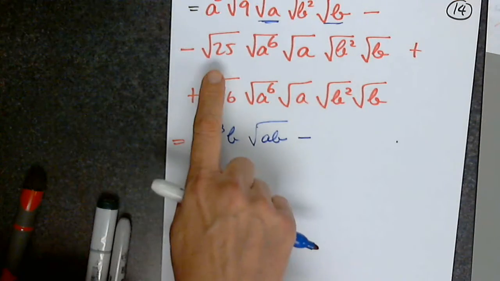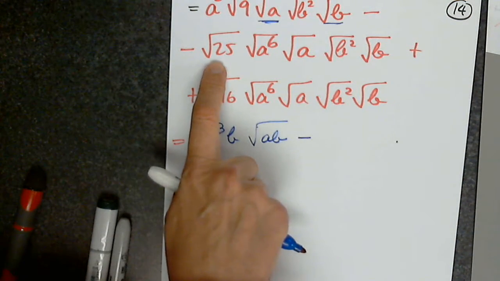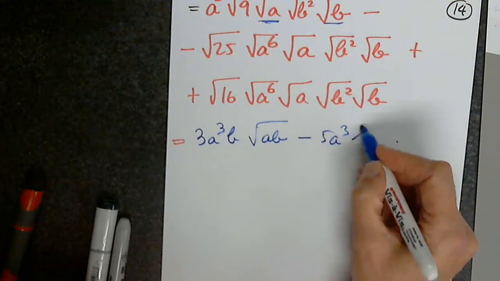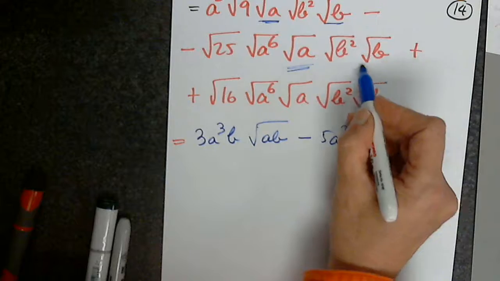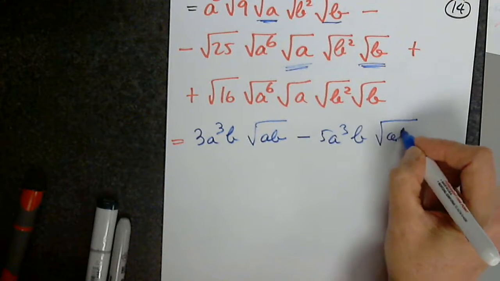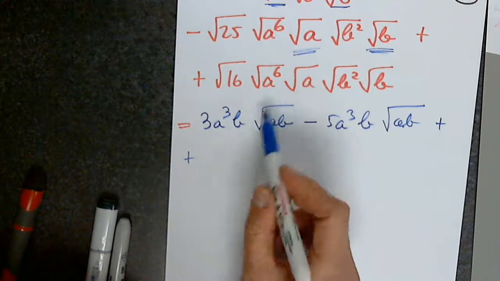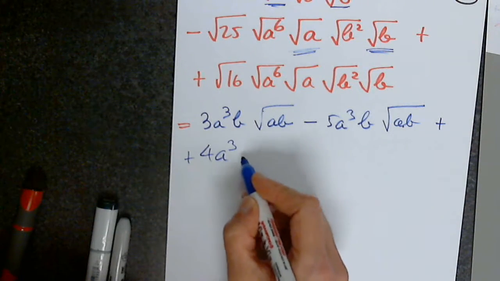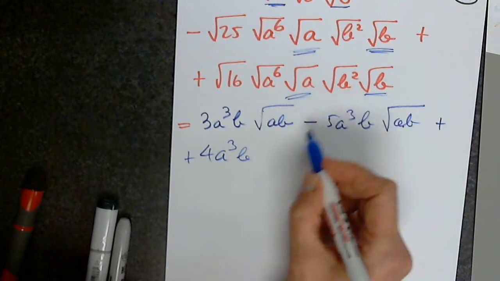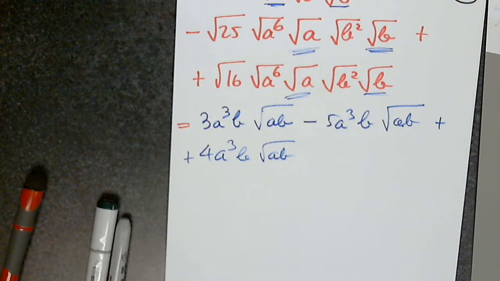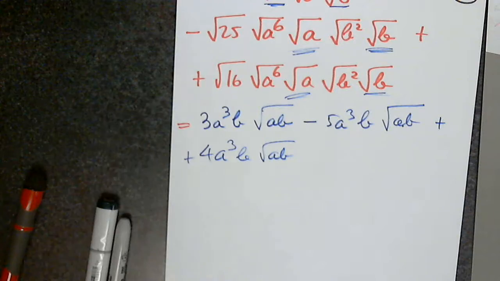Minus 5a cubed b, and these have to stay under the radical. And finally, plus 4a cubed b, and these have to stay. I have to make sure that everything is identical except the number in front.